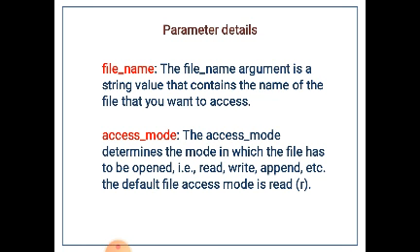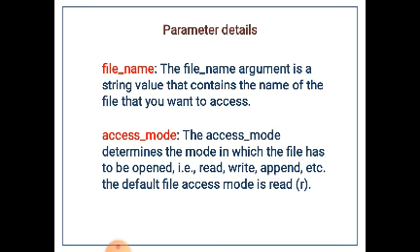Even if you do not write something into a file or edit something in the file, the basic thing you do immediately after opening a file is read it. So read is the default access mode when you open a file.